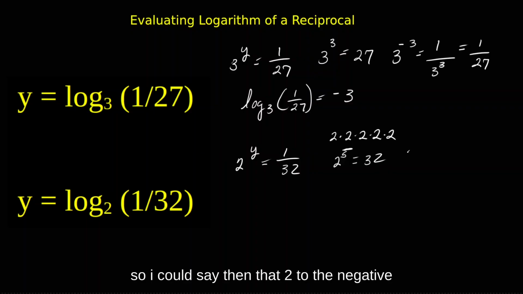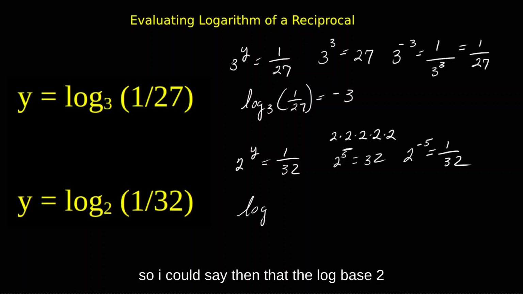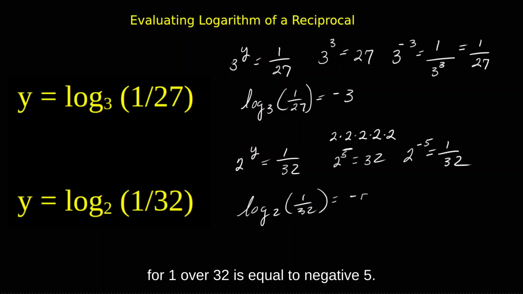So I could say then that 2 to the negative 5th power equals 1 over 32. Therefore, the log base 2 of 1 over 32 is equal to negative 5.